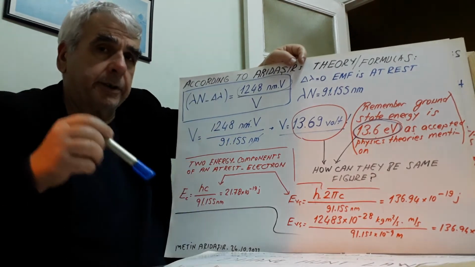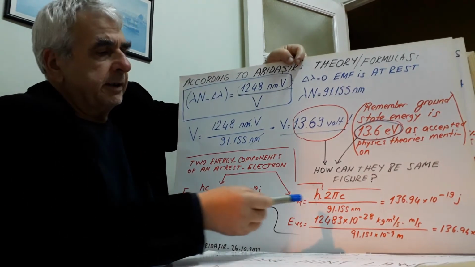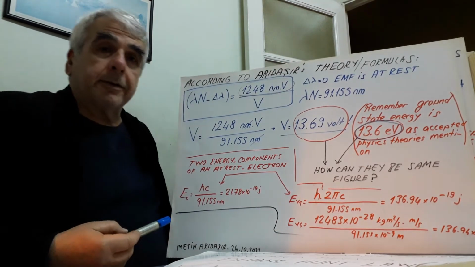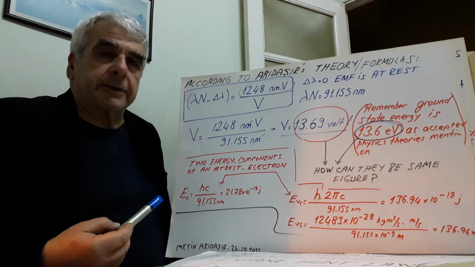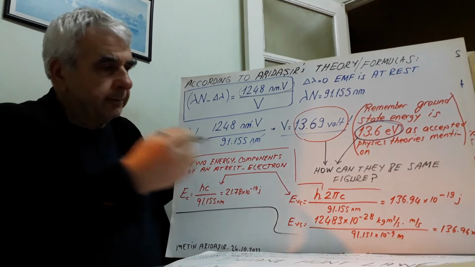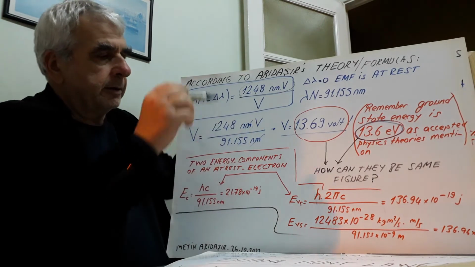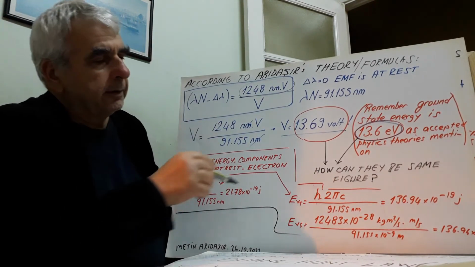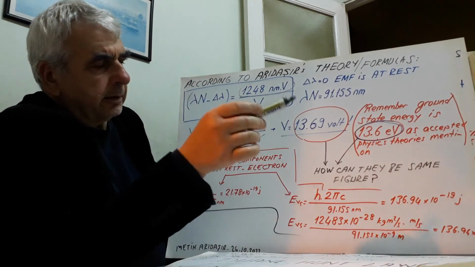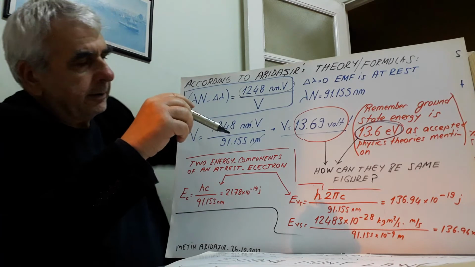According to my theory and my formulas, H, Planck's constant, or in fact angular momentum of electron motion form L. But I wrote here H, I didn't write L. Yes, I don't want to confuse your mind.